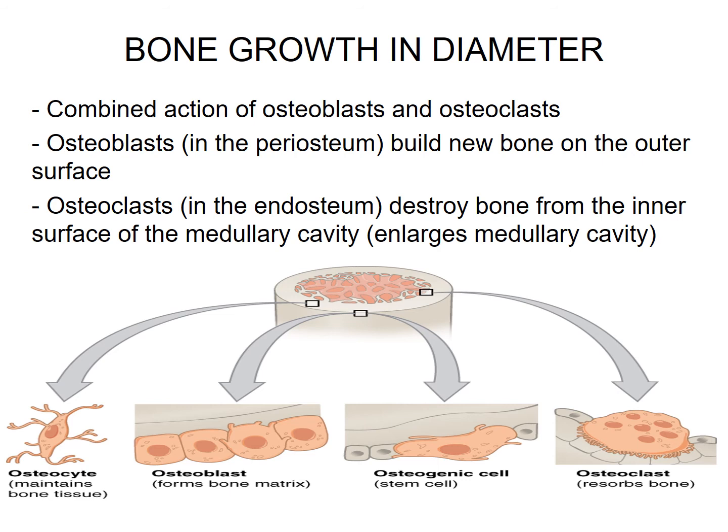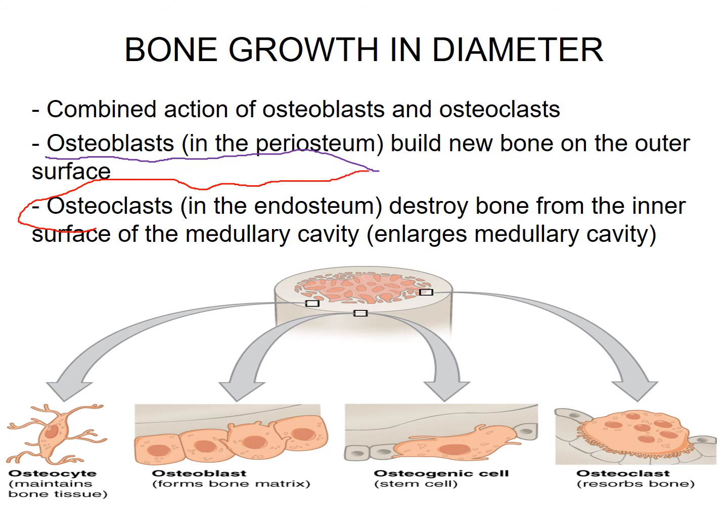So now that we know how long bones grow lengthwise, how you get taller, we can talk about how they grow in diameter, and you actually already know the answer. We've talked about this before. Osteoblasts kind of hang out near the outside in that periosteum area, and they make the bone thicker. And meanwhile, we have to make more room for the bone marrow, right? Otherwise, we're just going to have a really big, thick bone and not enough space for that bone marrow to live in.